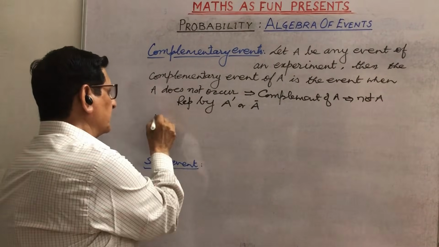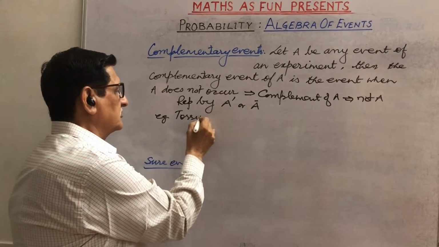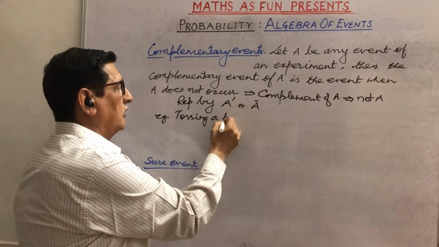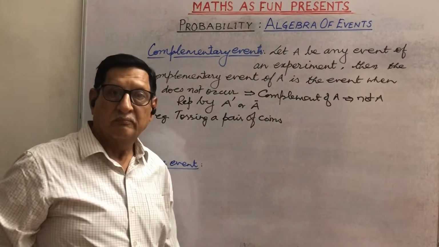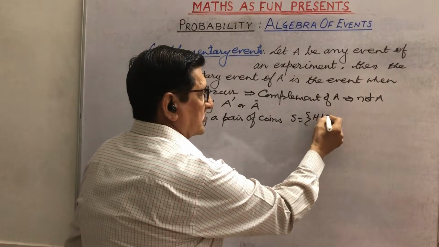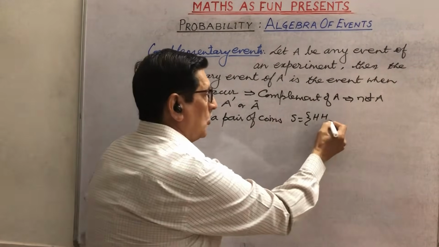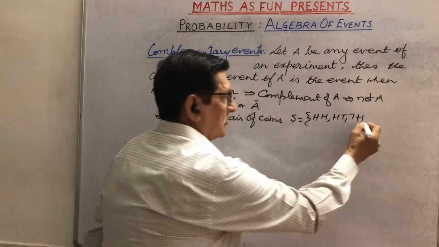Let's take some examples. Suppose we are tossing a pair of coins. We know the sample space in such a case will be HH, both heads, one head one tail, or both tails.